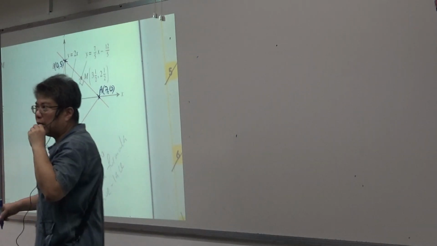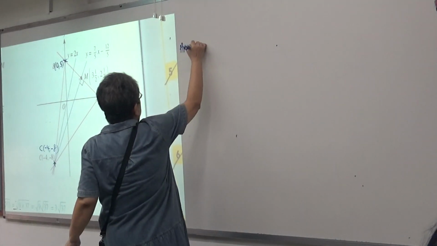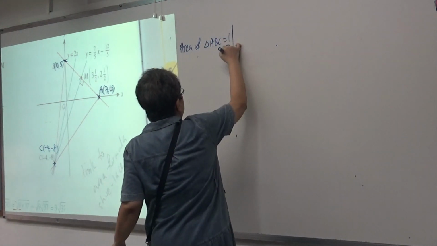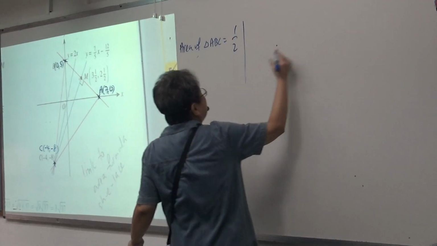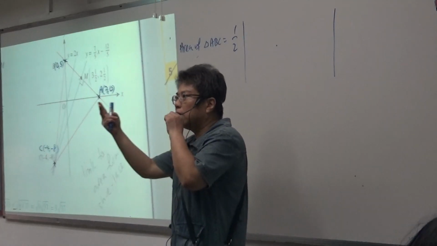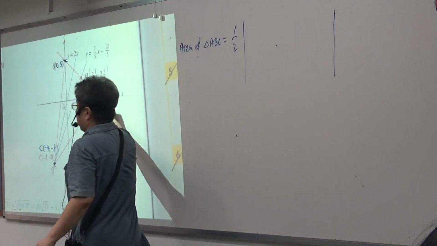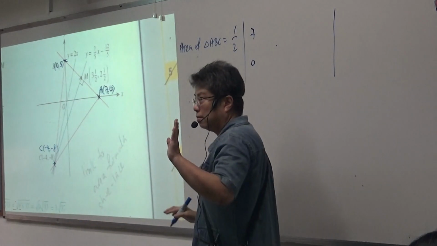Now, what is the formula like? It's called the shoelace method. I want everybody to look at my presentation. Area of triangle ABC will be, better write for me, two straight lines. Choose which one you want to start from. A. Okay, you start from A. You write 7, 0 like this.